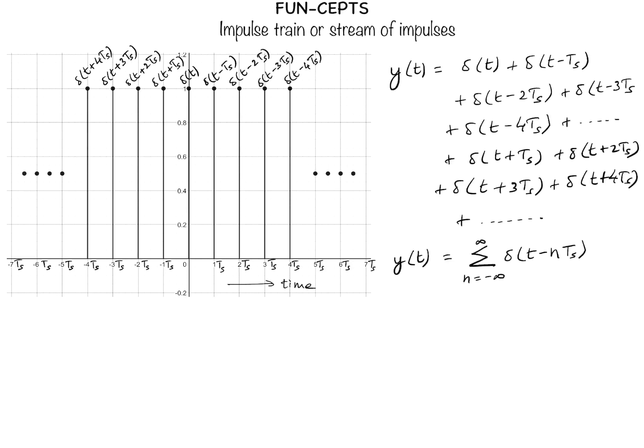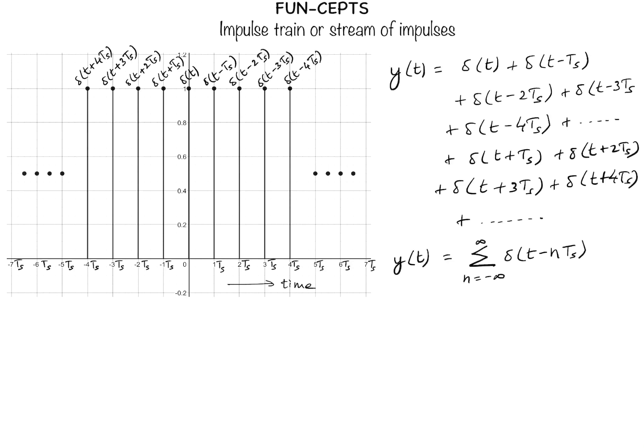Whenever n is negative, it becomes t plus some multiple of Ts, and whenever n is positive, it will be t minus n times Ts.